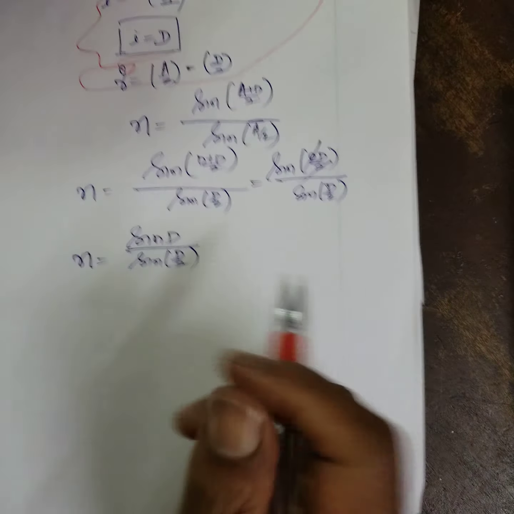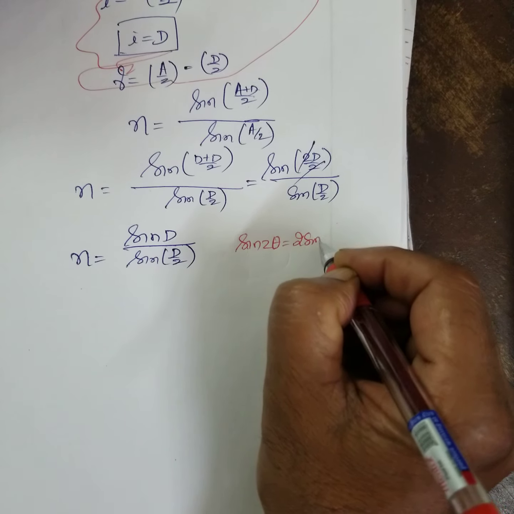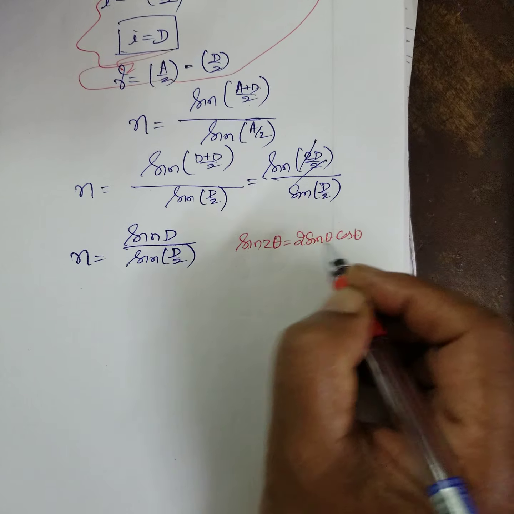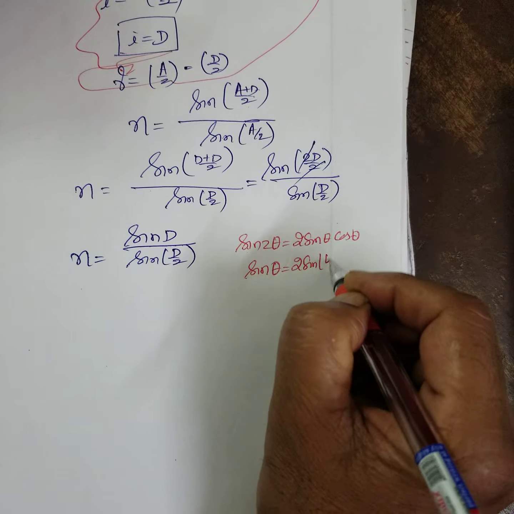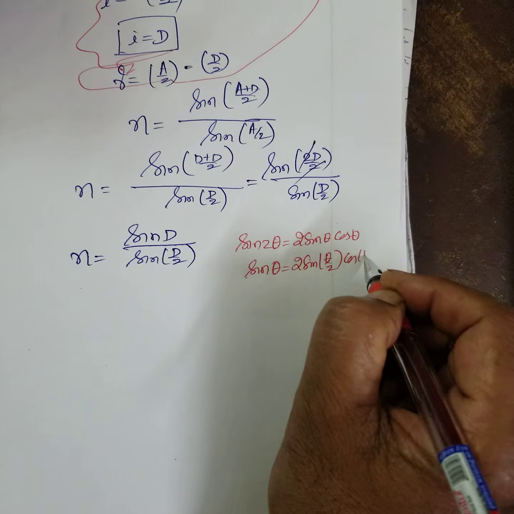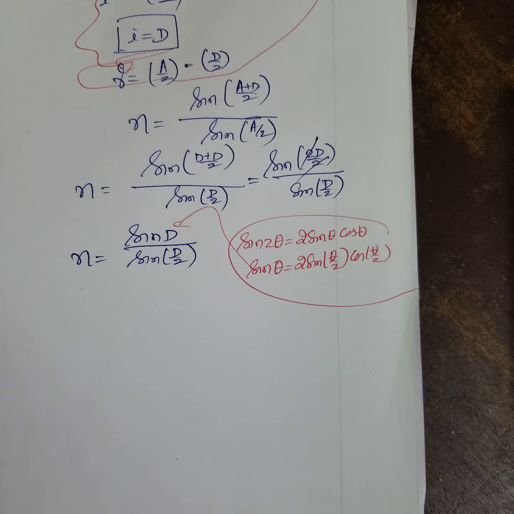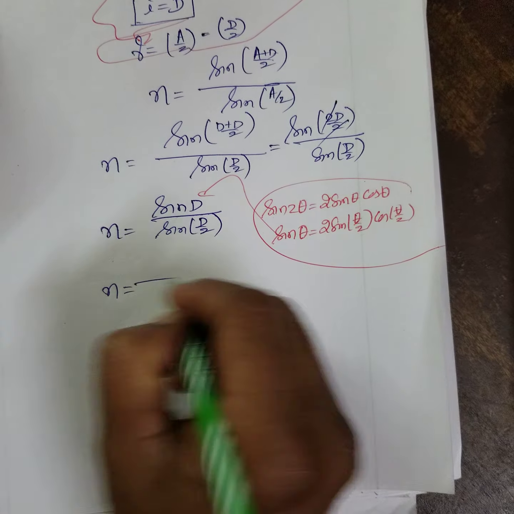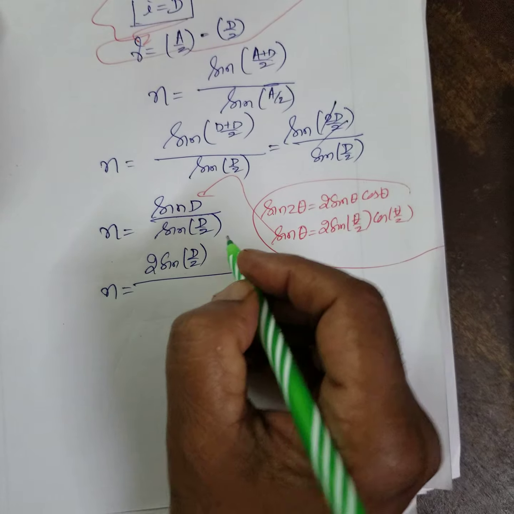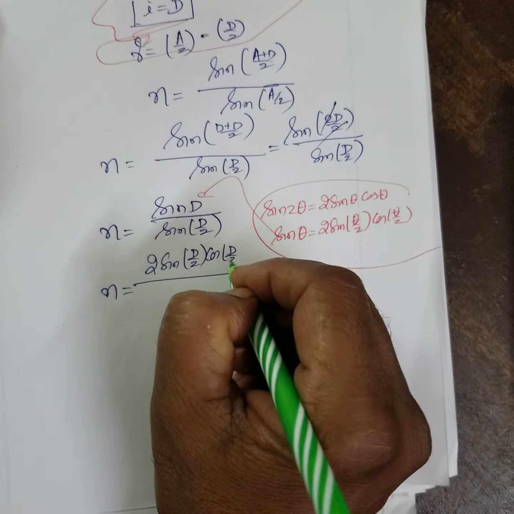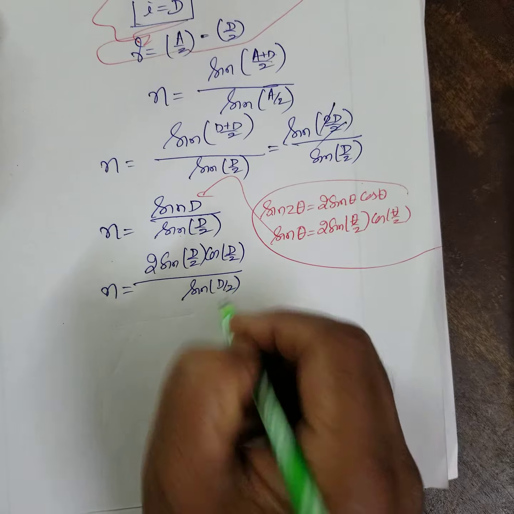In mathematics you have a formula: sin 2 theta is equal to 2 sin theta cos theta. Simply written, sin theta is equal to 2 sin theta by 2 cos theta by 2. I am applying that here. In such a case, write N is equal to 2 sin D by 2 cos D by 2 over sin D by 2.